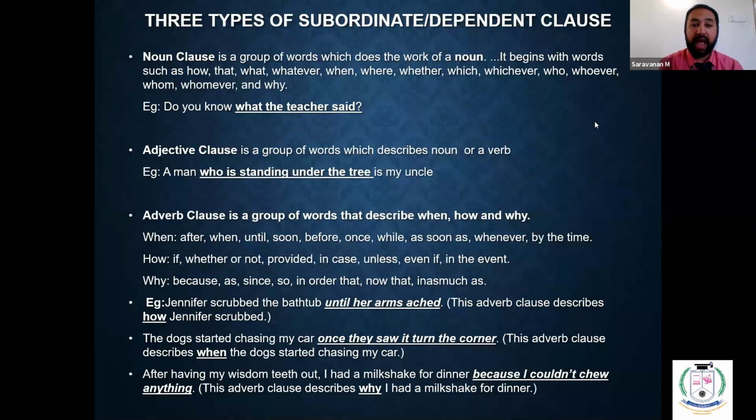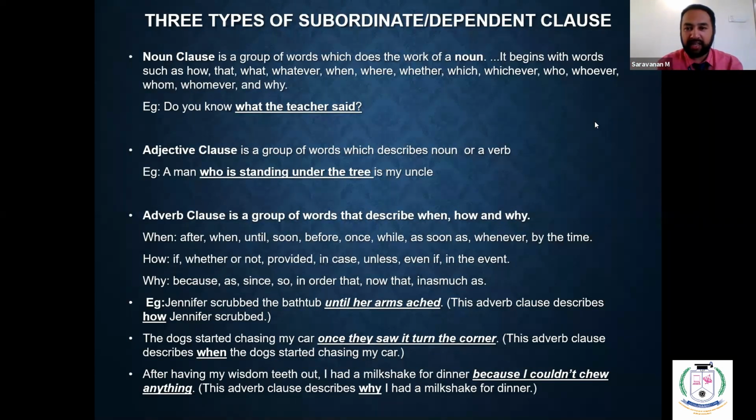Next, an adjective clause is a group of words which describes a noun. See the example: A man who's standing under the tree is my uncle. How will I explain which man when there are 10 people standing around the tree, nearby the tree?